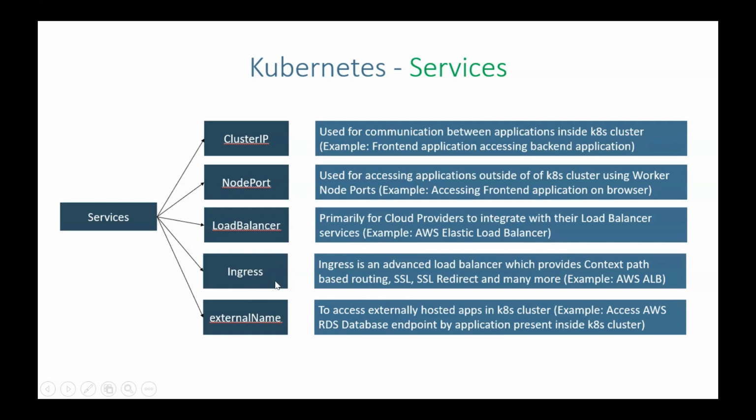Okay, the next type of Kubernetes service is Ingress. This is an advanced load balancer which provides context path based routing, or you can say host name based routing. It also provides SSL and SSL redirect, and many other things like this. So this is generally used for advanced types of load balancing.